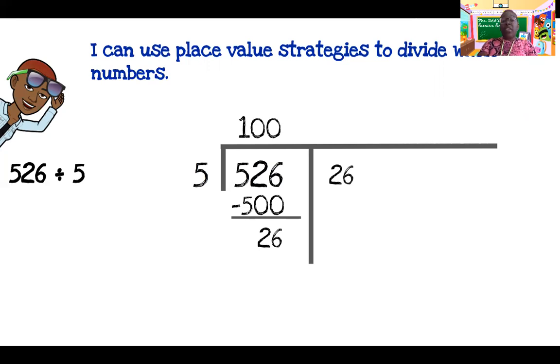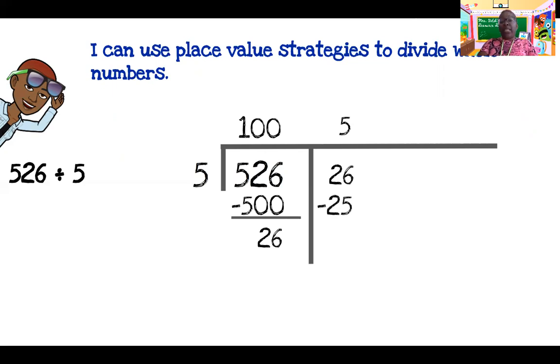So now I want you to think to yourself, 5 times what number is close to 26? So 5 goes into 26 about how many times? Did you say 5? If you did, you're absolutely correct because 5 times 5 is 25.